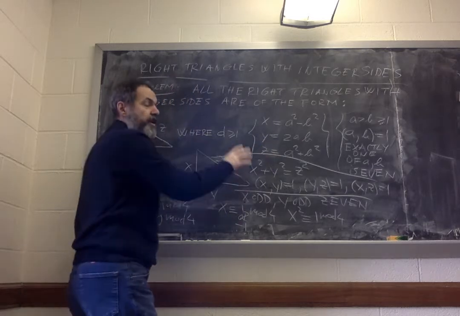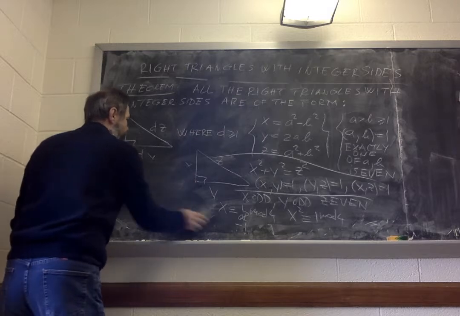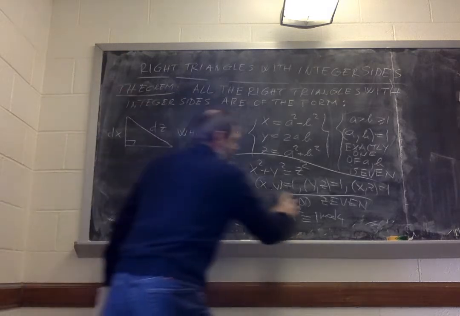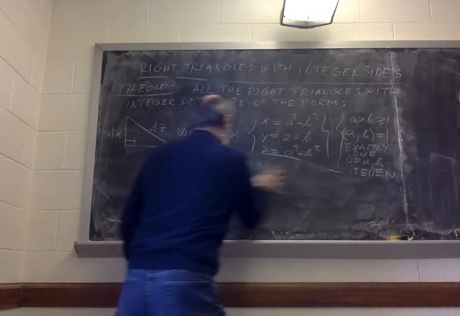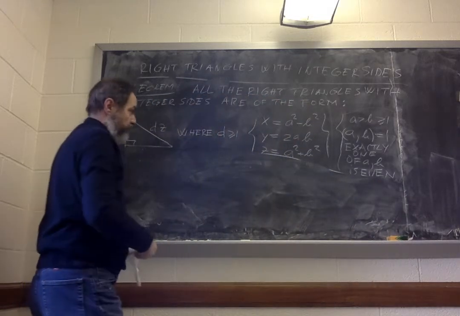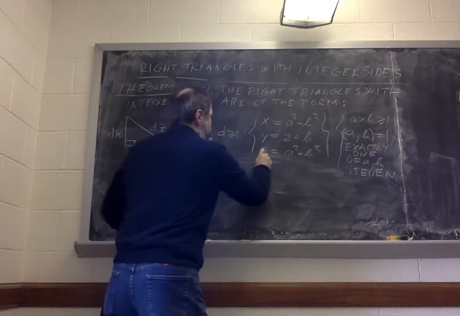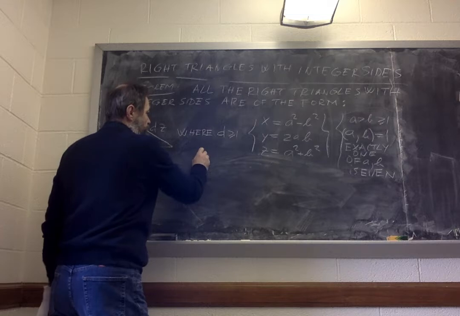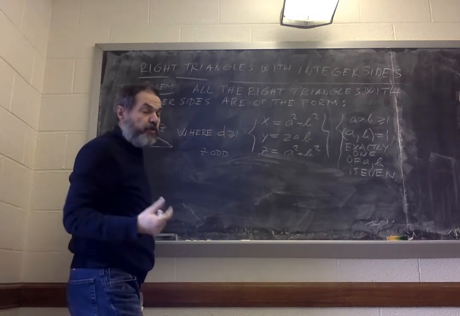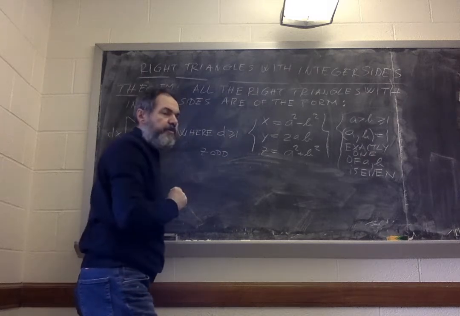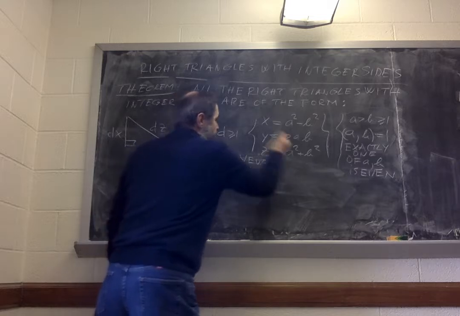I didn't show anything yet about a and b, but at least we know now that z is odd. Exactly one of x or y is even. Let's denote the even one by y. And then x is odd.